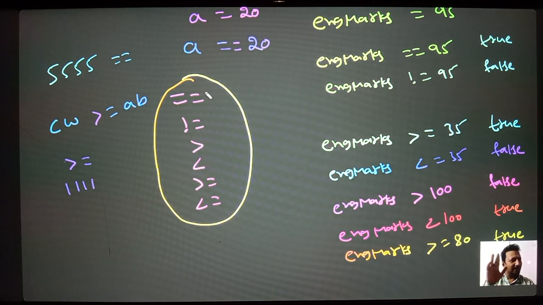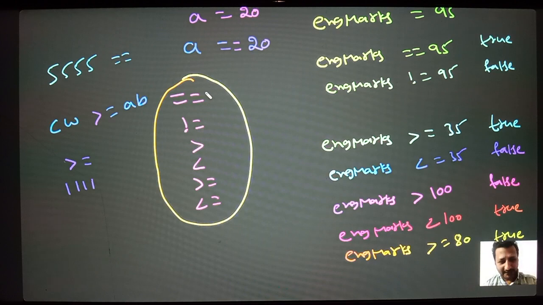You have to use any one of these 6 comparison operators. Then this generates a Boolean, true or false. If it generates true, you do something. If it generates false, you can do something else.